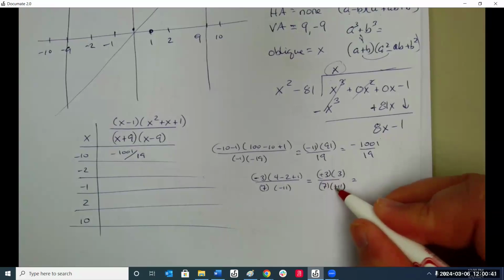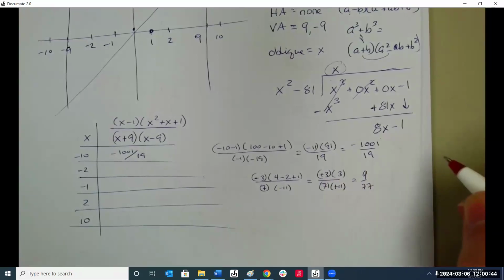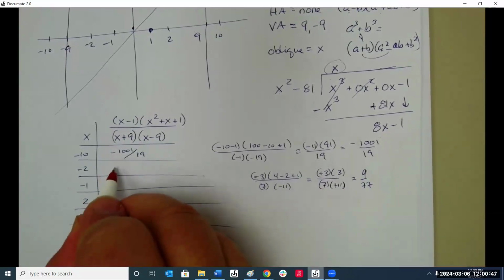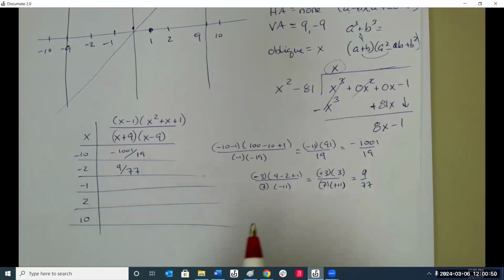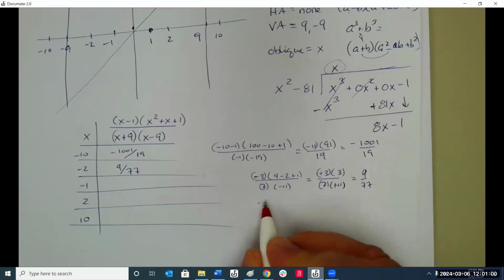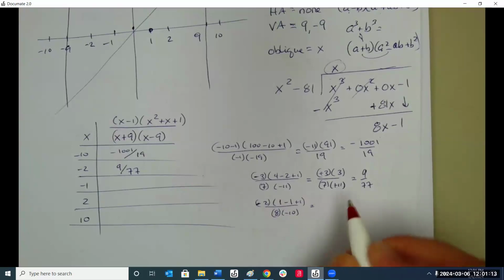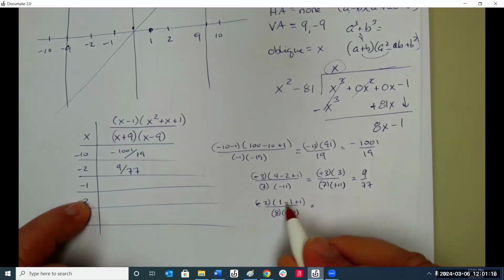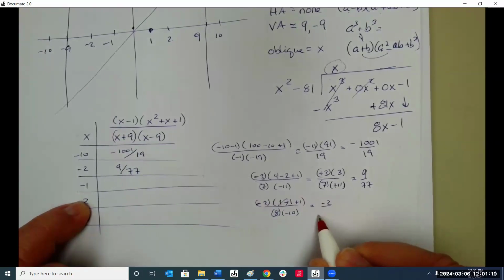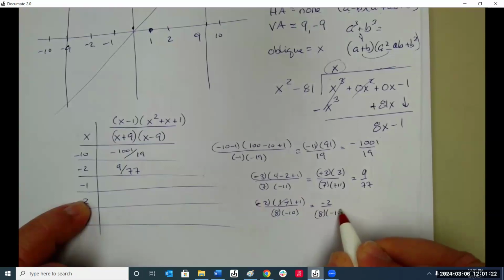Should be positive. 9 over 77. -2: 1 minus 1 plus 1. 8, -10. So it's -2. 1 over 40.